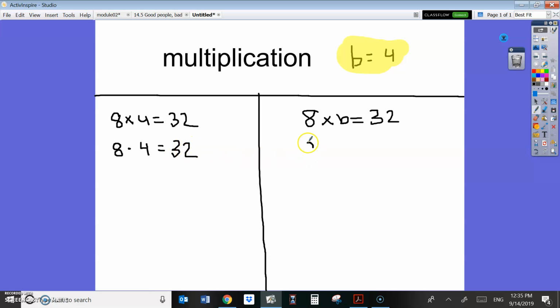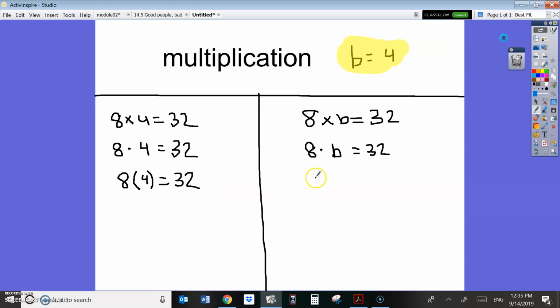Similarly, you can do 8 dot b equals 32. Another way to write that is 8 parentheses 4 equals 32.